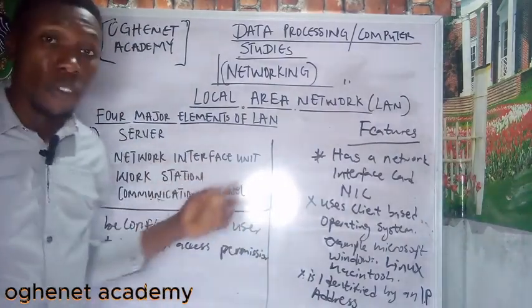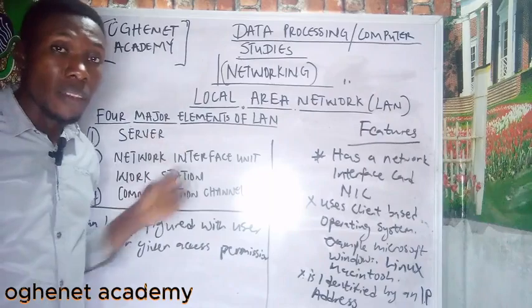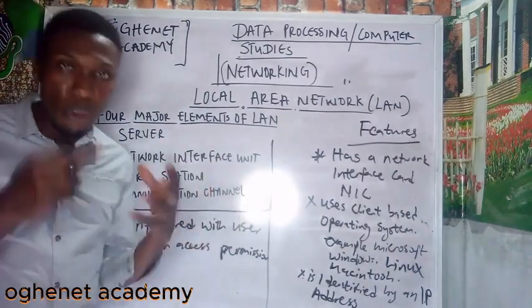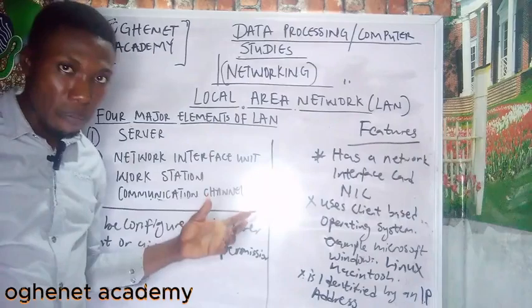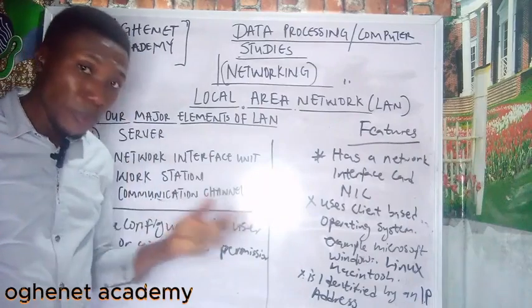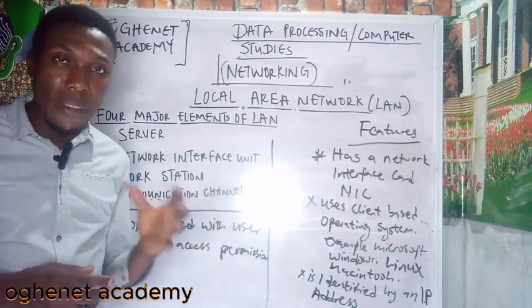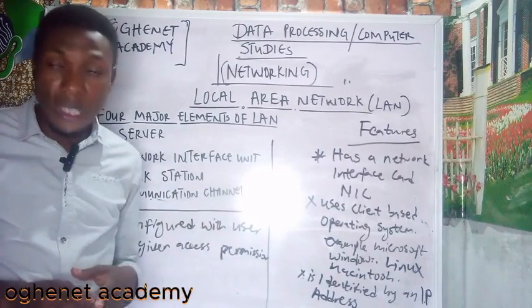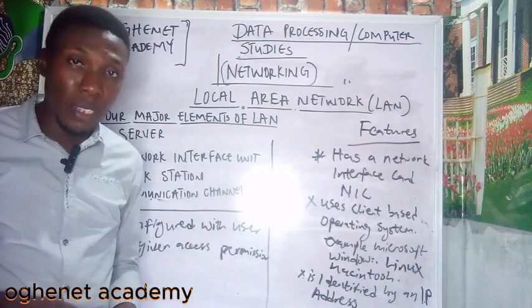You go to my previous tutorials where I talked about server, and you will see where we talked about storing files and folders in your server. So these files and folders can actually be accessed by different workstations that are connected to that particular network.